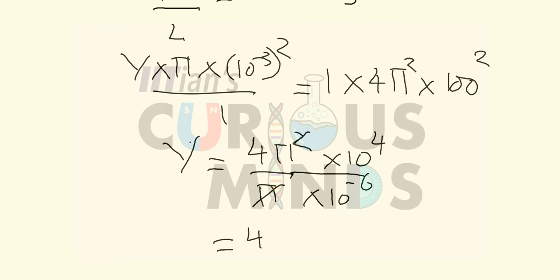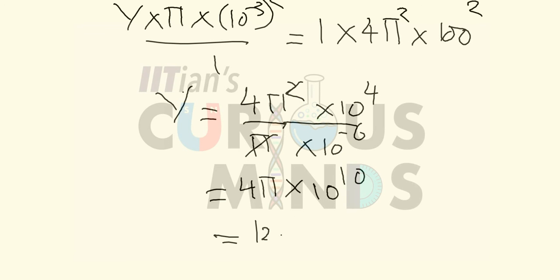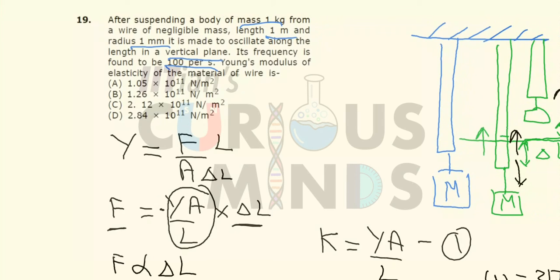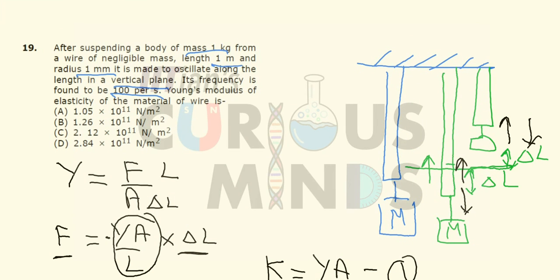So it will be equal to 4 pi into 10 to the 10, which is approximately 12.56 into 10 to the 10 Newton per meter square, which is equal to 1.26 into 10 to the 11, which is option number B.